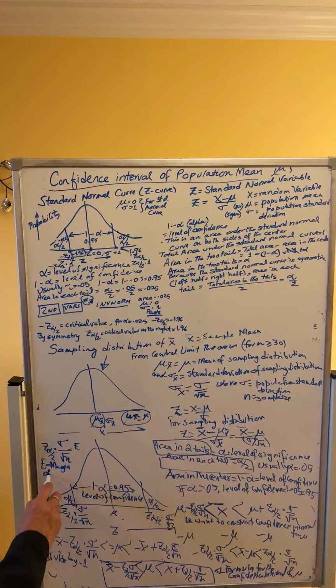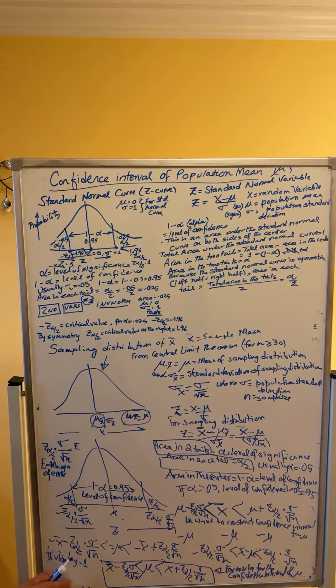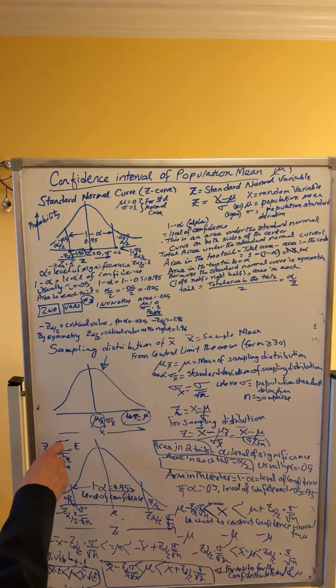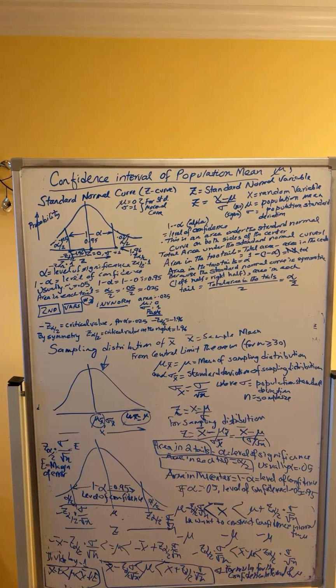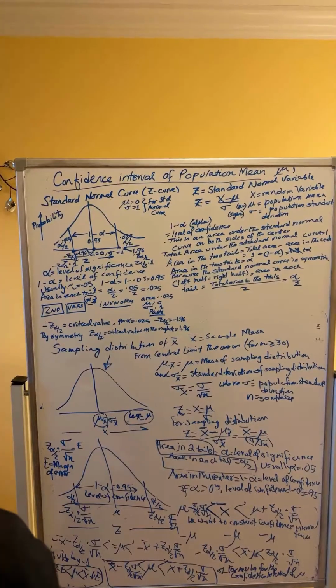Some books also give the margin of error as M. So basically this formula becomes x bar minus E less than mu less than x bar plus E, where E is the margin of error, given as z alpha by 2 times the standard deviation of the sampling distribution, in other words sigma divided by square root of n.